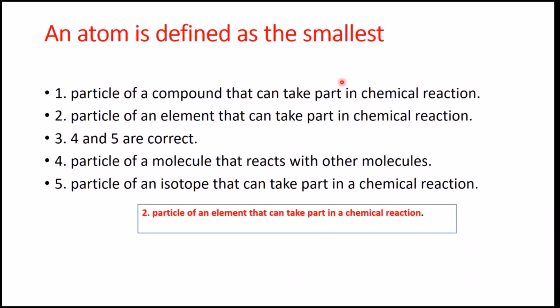You're right. So the correct answer is 2, particles of an element that can take part in a chemical reaction. Atom is the basic unit of an element that retains the chemical properties of an element. Atoms can combine with other atoms to form molecules. They also participate in chemical reactions. So option 2 accurately defines an atom in the context of a chemical reaction.